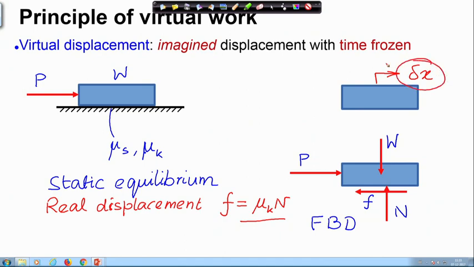So, this is the concept. If I give real displacement, immediately this friction force is going to change its value to mu k times N. But if it is a virtual displacement under this condition that is shown by this free body diagram, then this force F is as yet unknown.